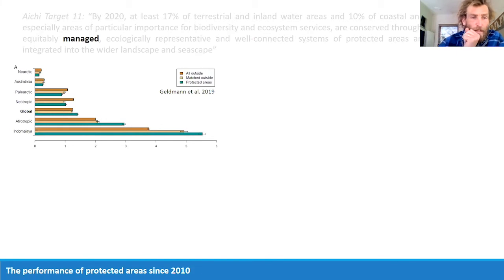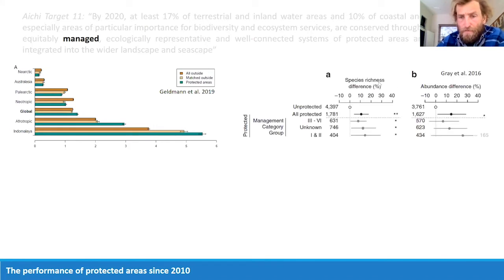In some regions that's not the case, but in regions that we know are important for biodiversity, Indo-Malaya and the Afrotropics, the pressure increases are actually a lot greater inside protected areas than outside. So that's concerning.